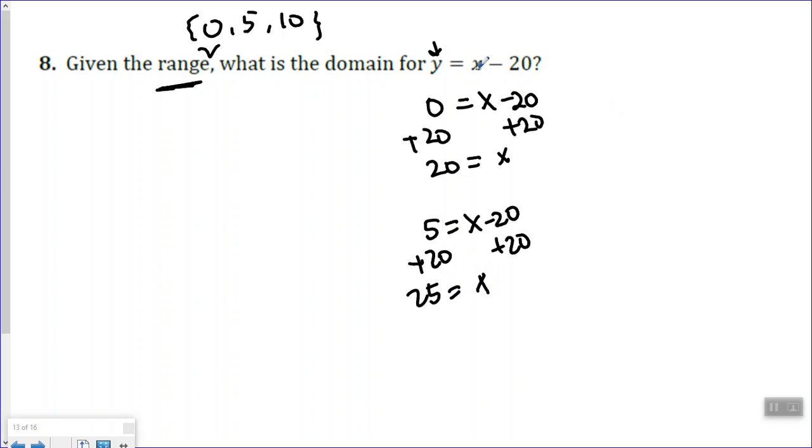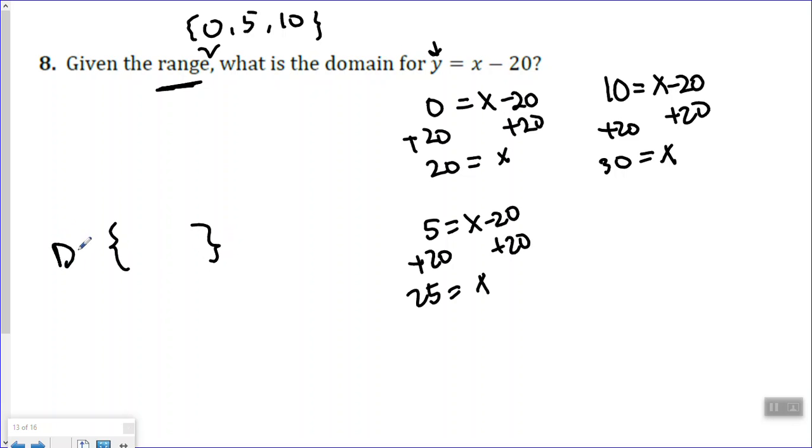And then plug 10 into y. So 10 equals x minus 20. Add 20 on each side. x equals 30. And I want you to write your answer inside the curly brackets. So your domain is 20, 25, and 30.